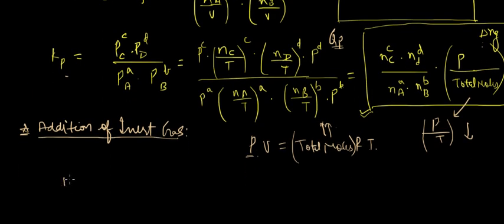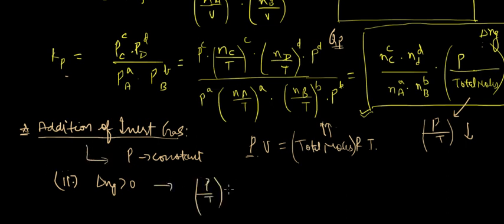So if in the second case delta Ng is positive, pressure is constant and we are adding inert gas, what will happen is the P by T ratio will decrease. This implies Qp would become less than Kp.